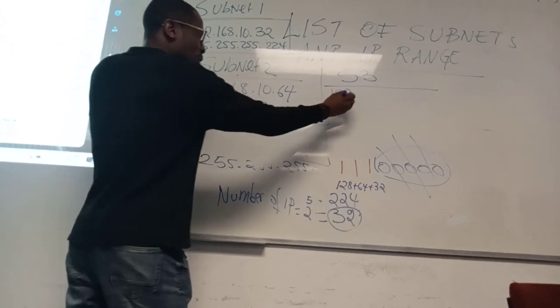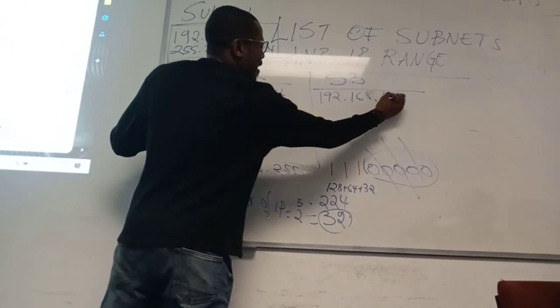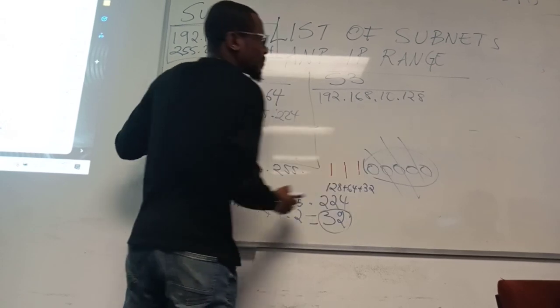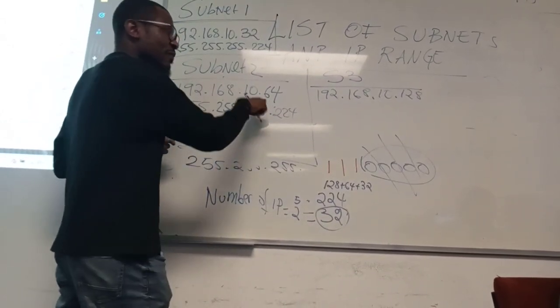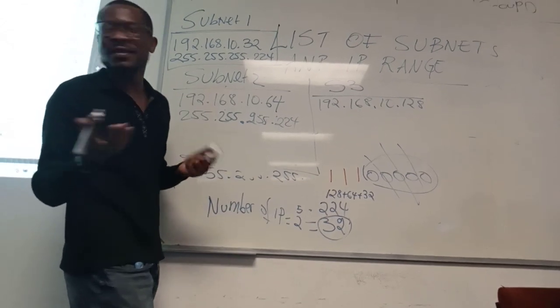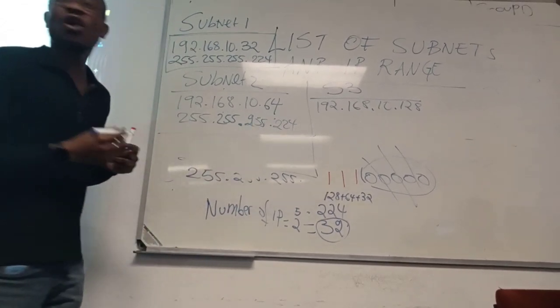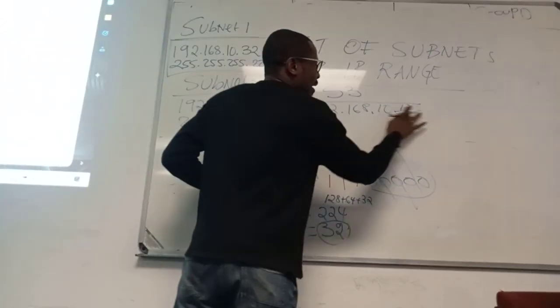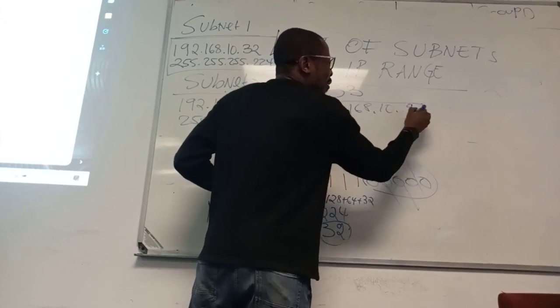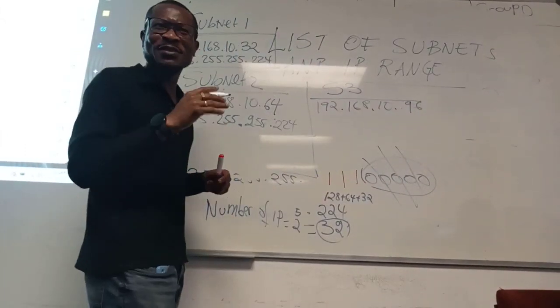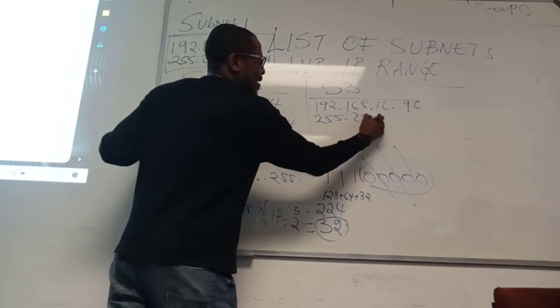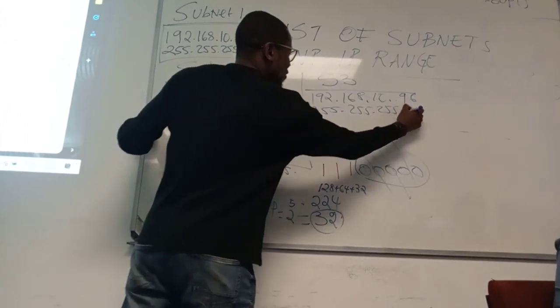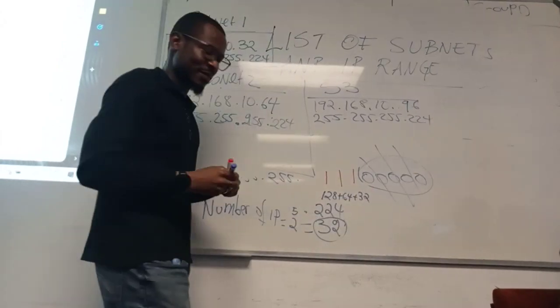So from where you stopped, dot 10 dot 96. No, 64 plus 32 is 96. Aren't you increasing by 32? Oh, by 32. It is 96, and then 128, and 224.